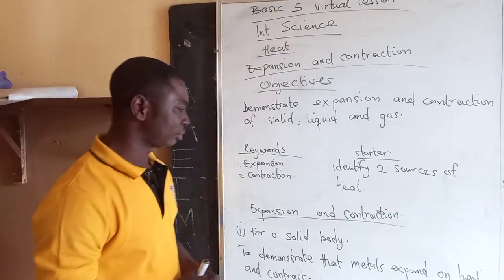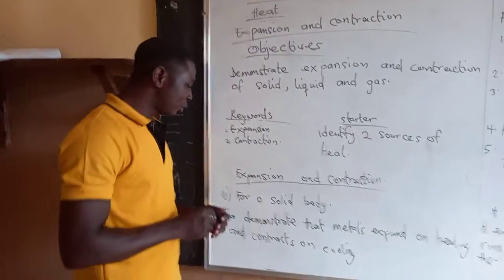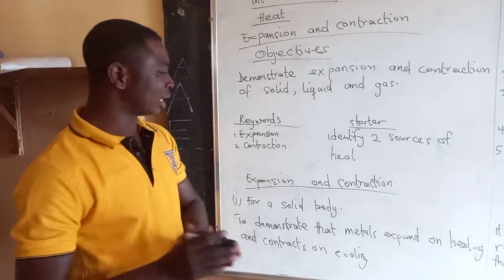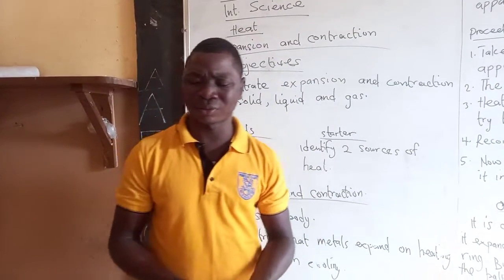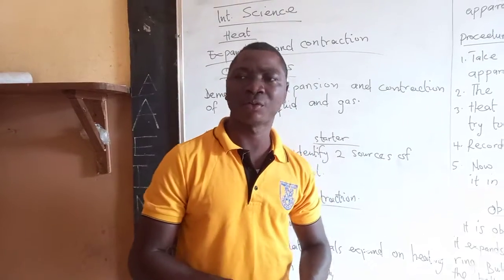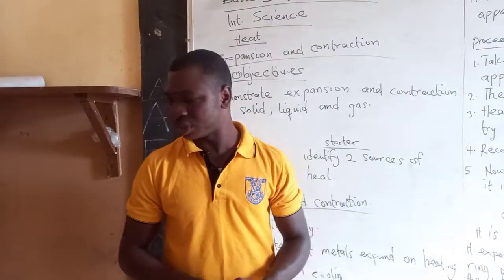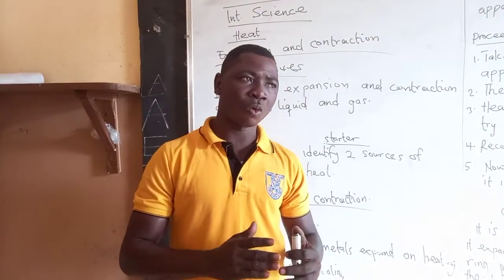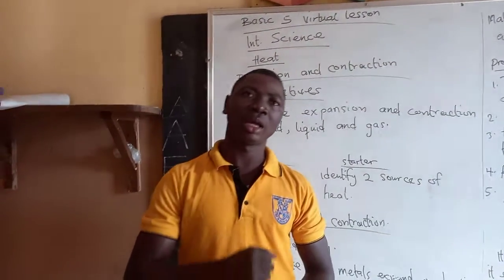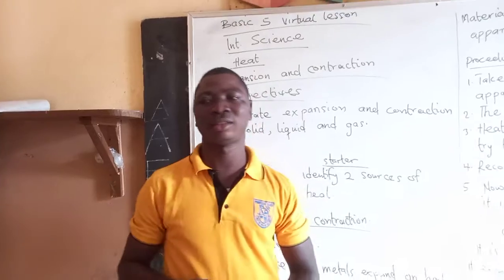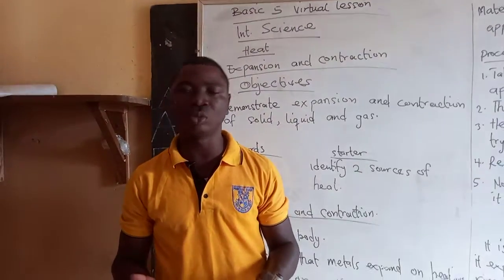Now, we want to talk about expansion and contraction as our main objective. When we talk of expansion of something, that means, when maybe you have a balloon in your hand and you inflate it, what happens to the balloon?